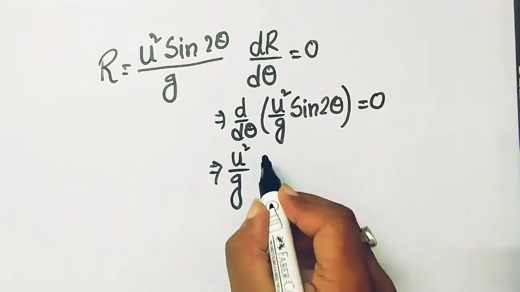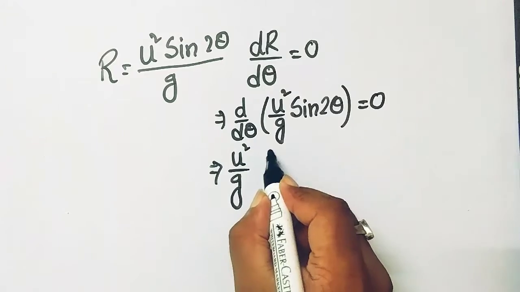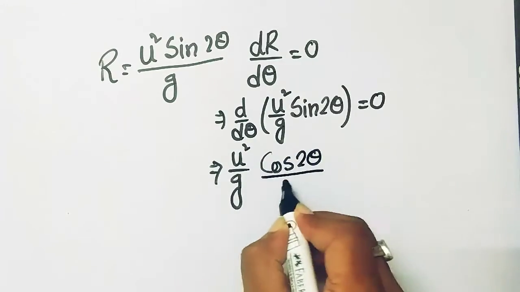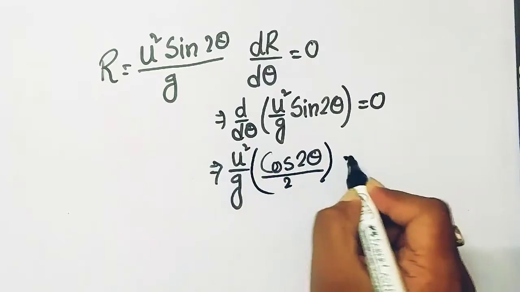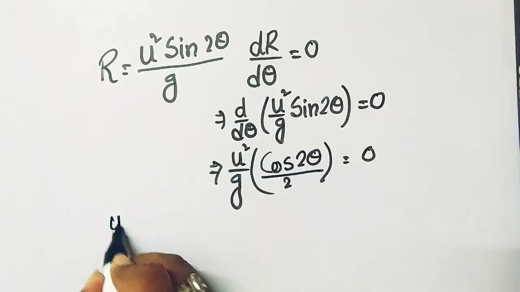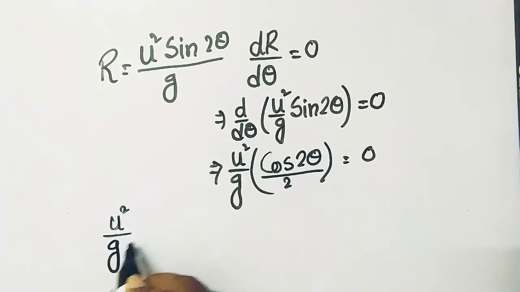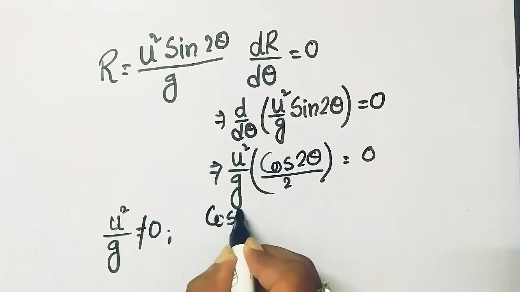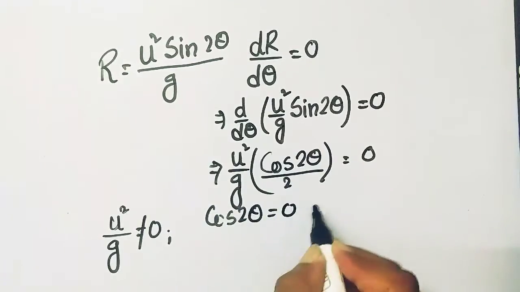we can say that the derivative of sine 2 theta becomes 2 cos 2 theta, equal to 0. And from here, since u square divided by g is not equal to 0, we can say cos 2 theta equal to 0.